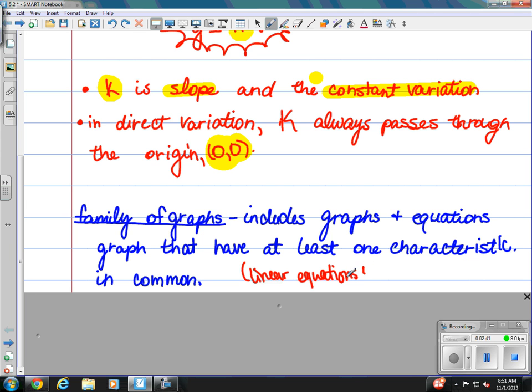If we look at the very first four letters of linear, it says line. So all linear equations are lines. So therefore, they're a family of graphs.